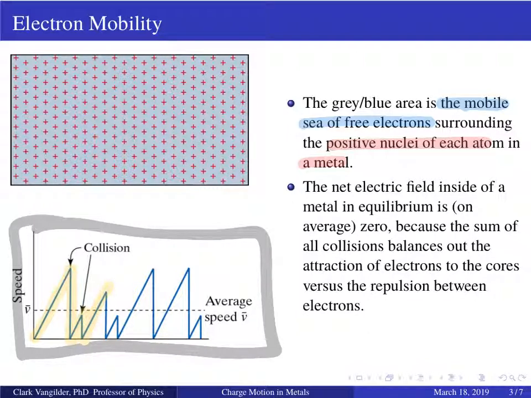But all these collisions happen at different distances and therefore different speeds. So you have these different times between collisions and different speeds that these particles obtain between the collisions, but there'll be some average. And the average will be meaningful because there are so many of these collisions.